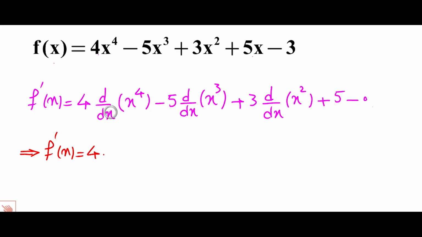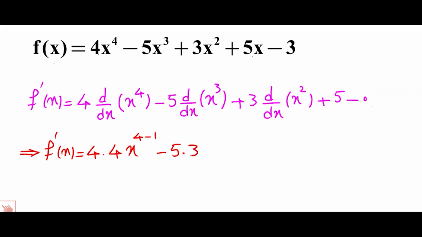Okay, so we have f prime of x is equal 4 times the derivative of x to the 4th power is equal bring down the 4 and then reduce that power by 1 means x to the power of 4 minus 1, minus 5 times bring down 3 to the front.